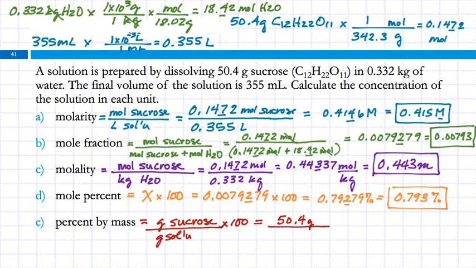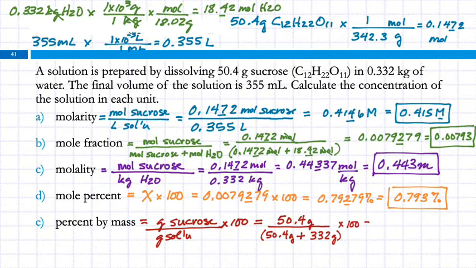What's the mass of the whole solution? Do we have that written out anywhere? No, we don't. But do we have the mass of the solute and the mass of the solvent? Yeah, we do. So 50.4 grams is the solute, the sucrose, and the mass of the water we had 0.332 kilograms. That's 332 grams.